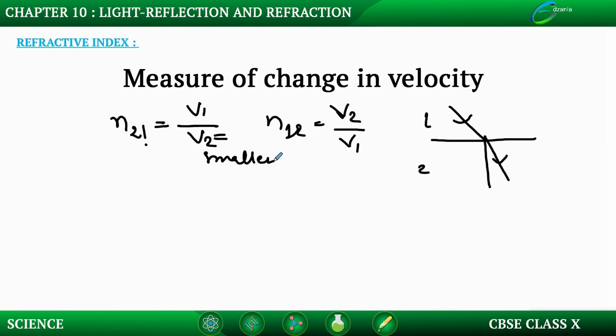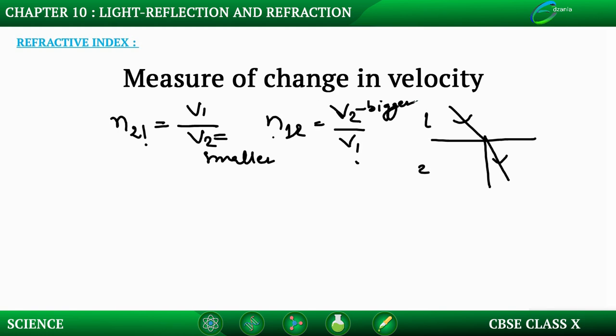And if n12 is a bigger number, meaning the refractive index n21 is smaller, then V2 is bigger, or a larger quantity, which shows that the light travels with a faster speed in the second medium.